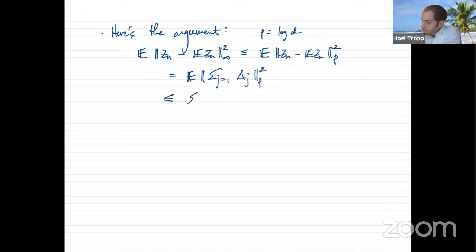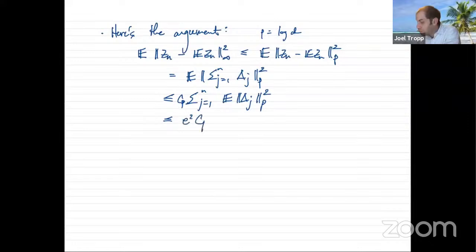By uniform smoothness, we can bound this by the expectation of the squared Schatten p norms of the Martingale increments. We can bound each of these Lp norms now by e, which gives us a factor of e squared, which is just a constant.